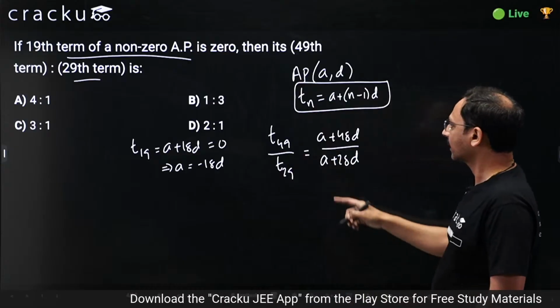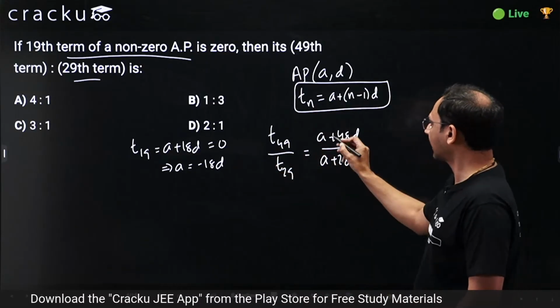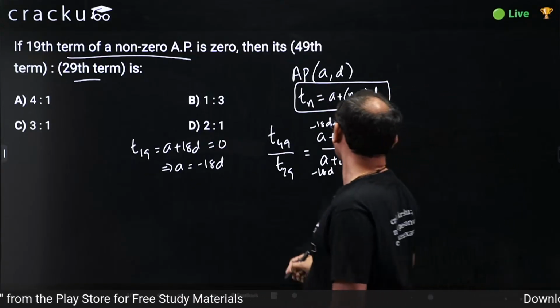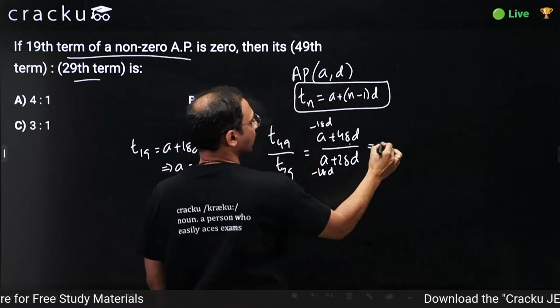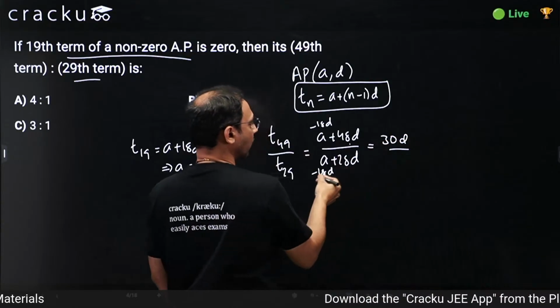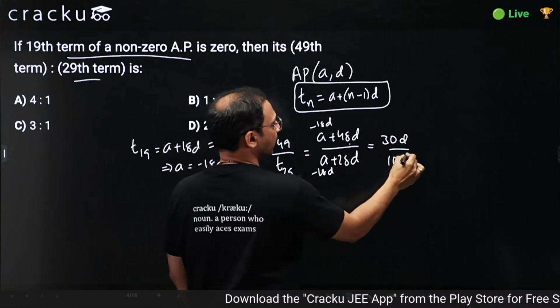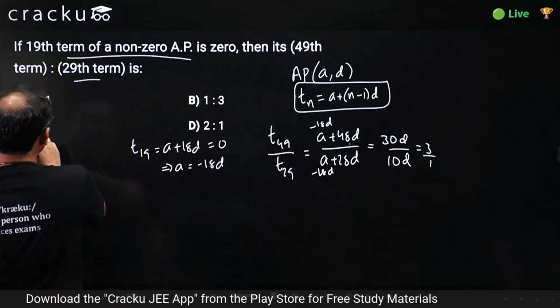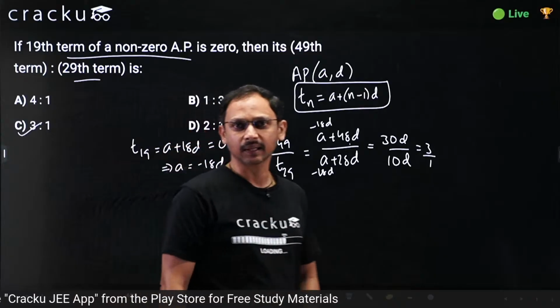Substitute this here. Since A is minus 18D, if you put minus 18D in place of A, we get 48 minus 18, 30D, and 28 minus 18, 10D. So the ratio is 3:1. So third option is the correct answer.